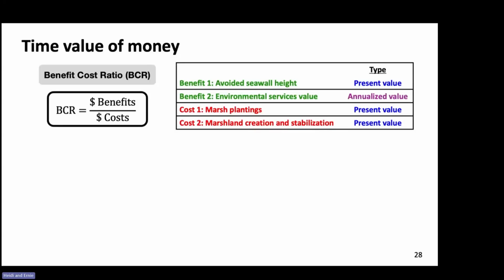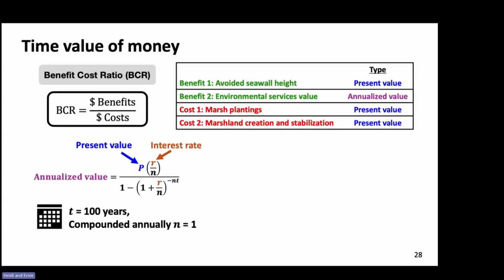And so you have to normalize it so that everything is in the same units of annualized value. This is done by using an interest rate to account for spreading that cost or benefit into annualized value, such that the benefit cost ratios are computed for every year.